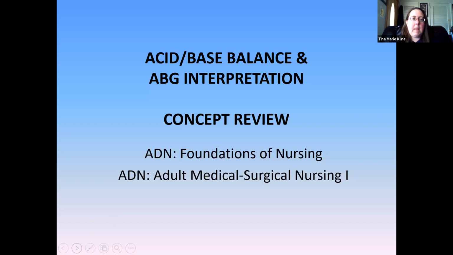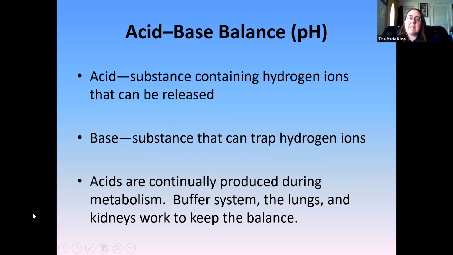Okay. All right, so when we talk about acid-base balance, just a very brief review, your acid is a substance that contains your hydrogen ions. Your base is something that traps hydrogen ions. And the whole idea is for this to balance out, okay? For it to be a nice balanced scale. Your body likes the concept of homeostasis.